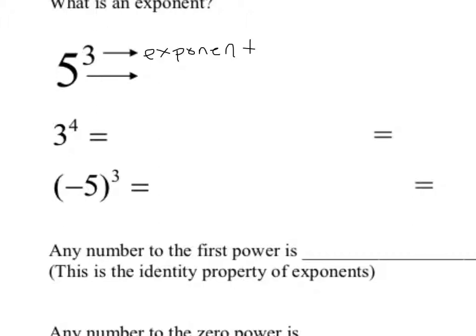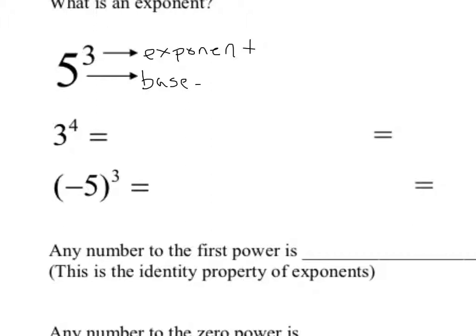He's saying, I know the 5 is the number that's being repeatedly multiplied. Does anybody know the vocabulary term for that? All right. The vocabulary term, and we definitely need to write it down, is a base. So a base is the number that is being repeatedly multiplied with an exponent.